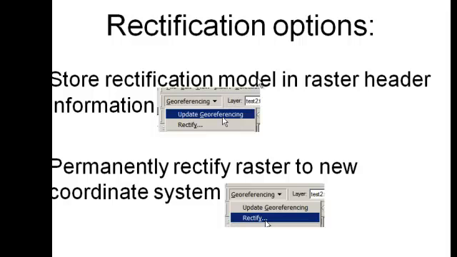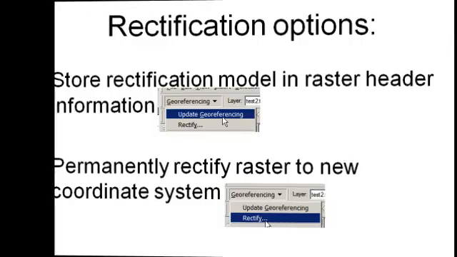Or you can permanently rectify your raster to a new coordinate system by choosing georeferencing and then the Rectify option. That allows you to output a totally new raster in the coordinate system that you're georeferencing to. This will all become clearer as we do this using a simple example in ArcMap.